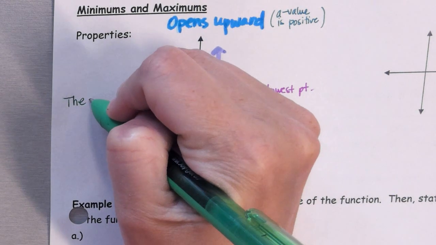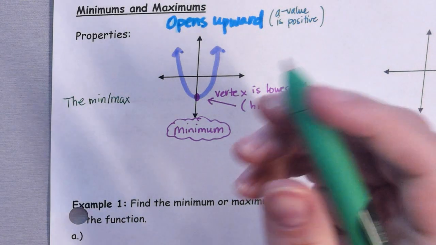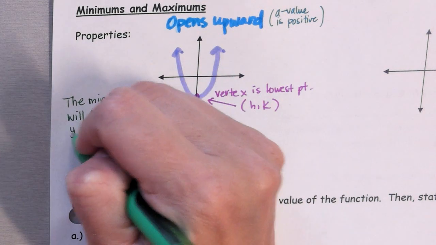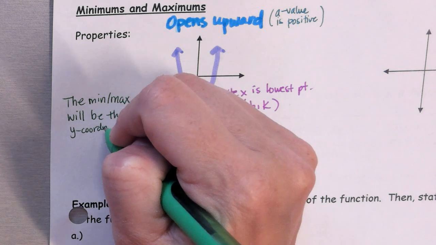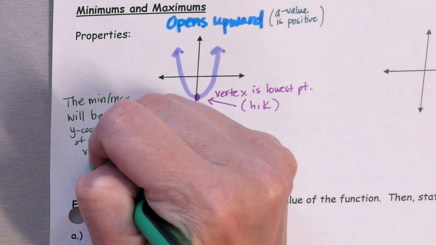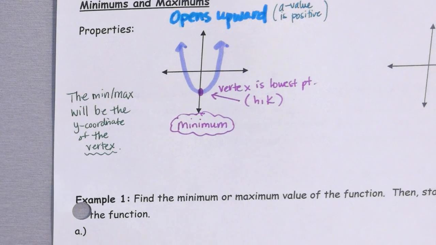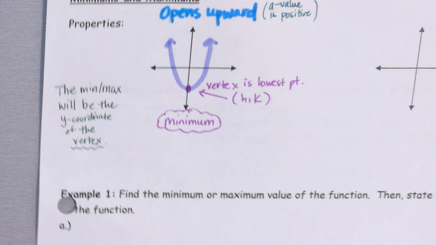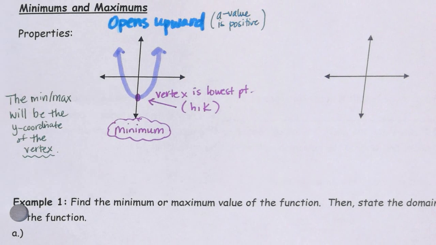Okay, so the min or the max will be the y coordinate of the vertex. So just think about how we find that, and that is going to come up in a little bit.